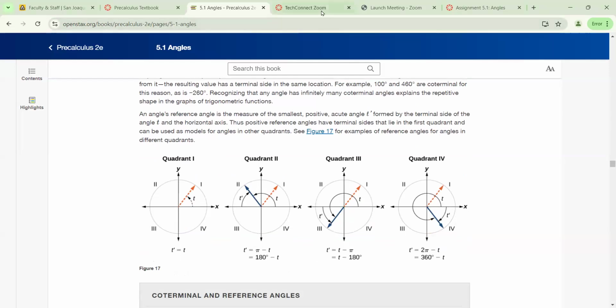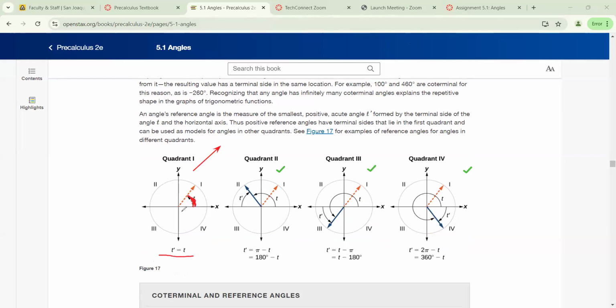Quadrant 1 right here, quadrant 2 right here, quadrant 3 and quadrant 4. For quadrant 1, the coterminal angle is, for example, as you see right here, it goes this way.